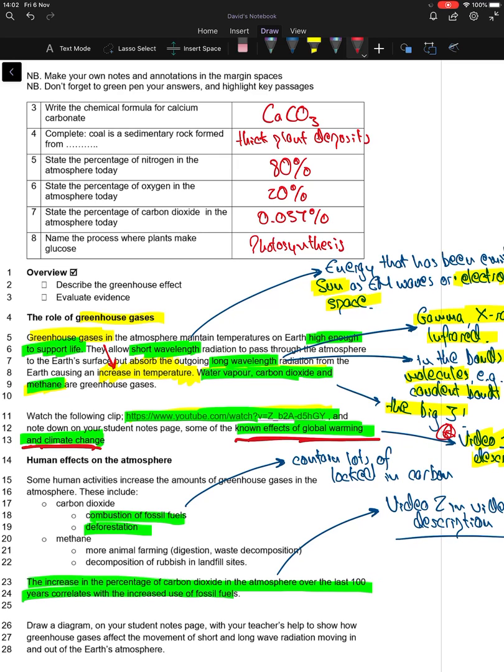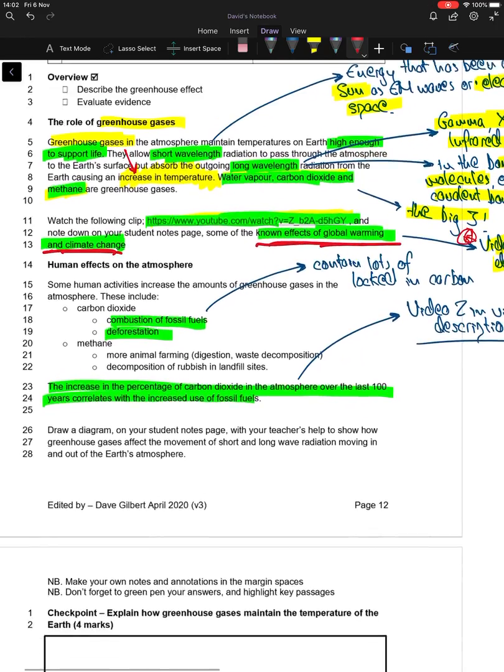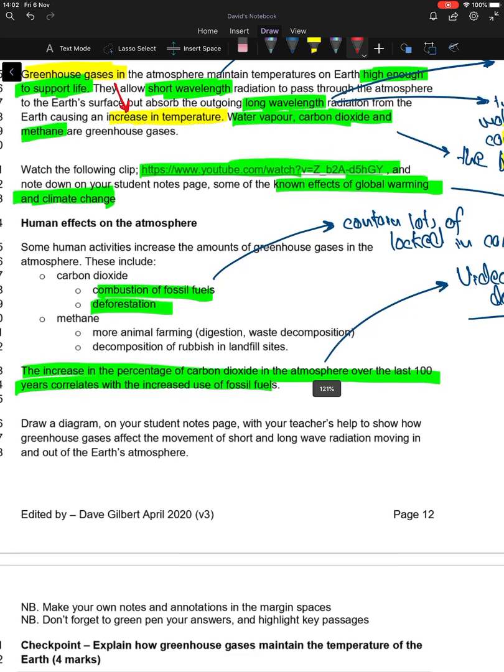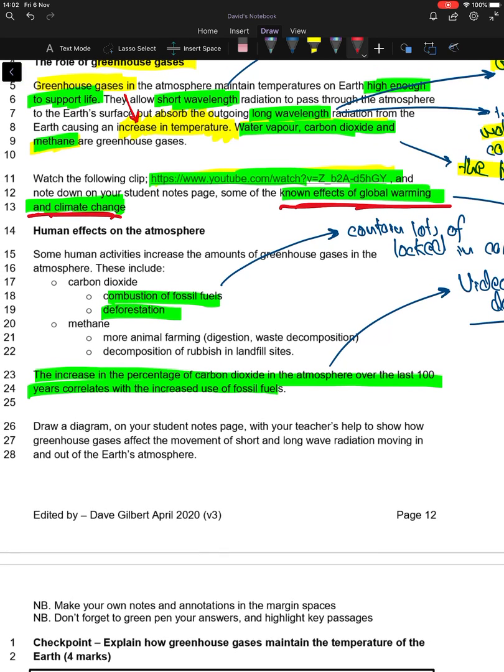Right, hopefully you've gone through video 1 and you've made some notes on the known effects of climate change. So if we have a little look at some of the human effects in the atmosphere. Some activities increase the amount of greenhouse gases in the atmosphere. So these are human activities. We increase the amount of carbon dioxide through the combustion of fossil fuels and deforestation. Now remember, the combustion of fossil fuels is burning in oxygen.